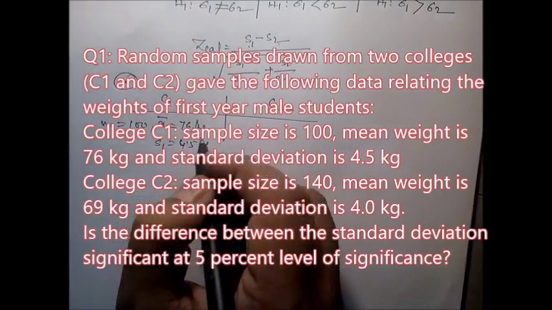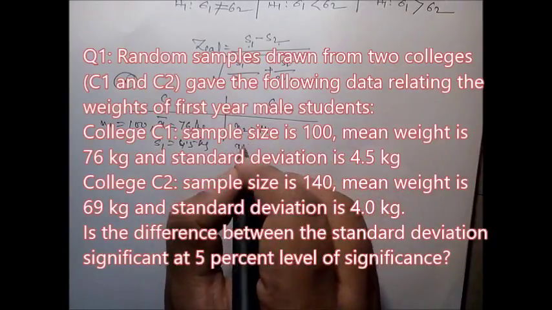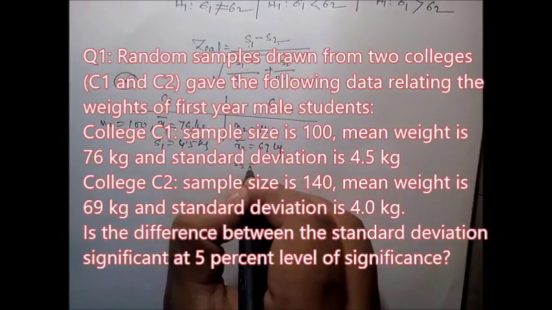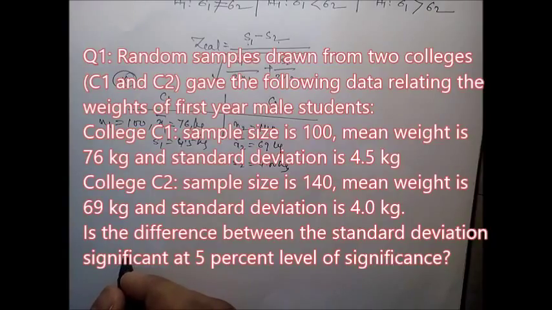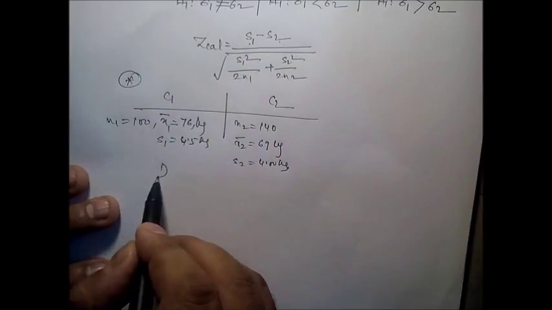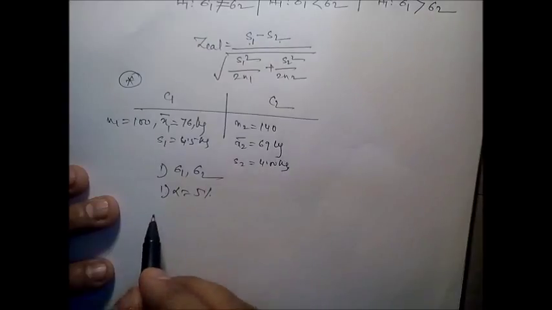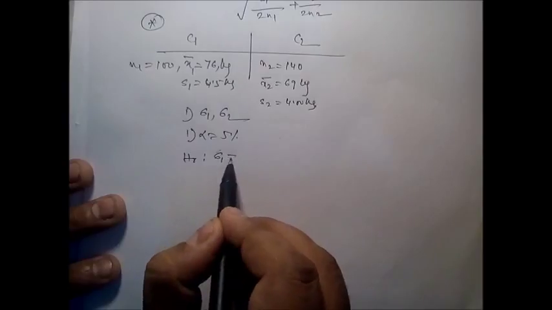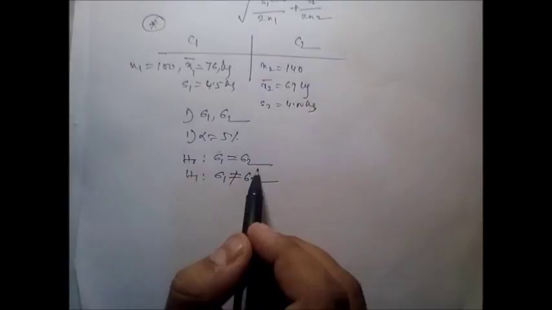College 2: n2 is 140, mean weight 69 kilogram, and standard deviation 4 kilogram. Is the difference between the standard deviations significant at 5% level of significance? Parameter of interest sigma 1 and sigma 2, level of significance 5%. H0: sigma 1 is equal to sigma 2. H1: sigma 1 is not equal to sigma 2.